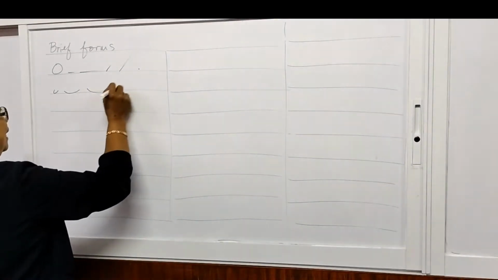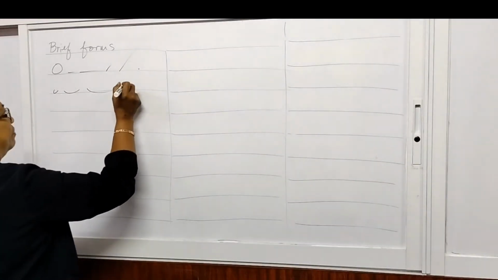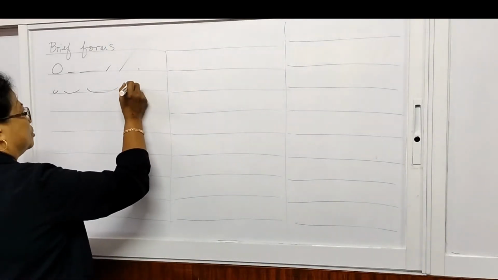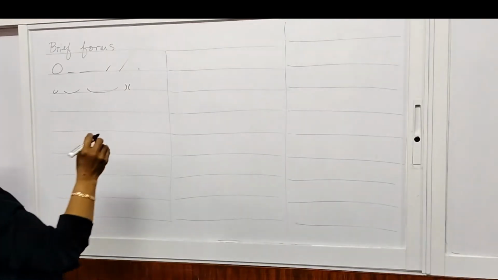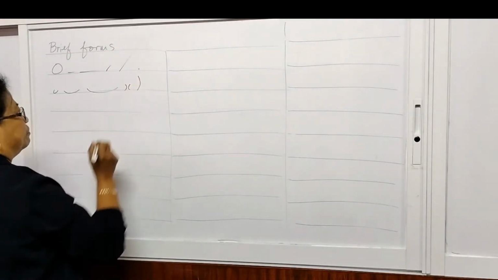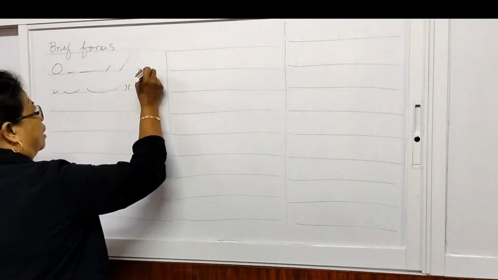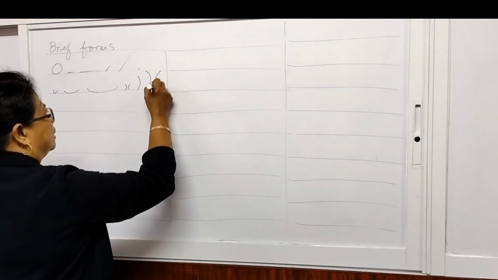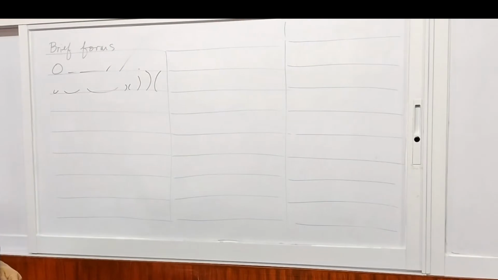R for are and our. L for will or well. Then we have S for is or his, which could also be this one, dependent on the direction of writing. Then we have F for the brief form for. B for the brief form have, and B for the brief form be or by.